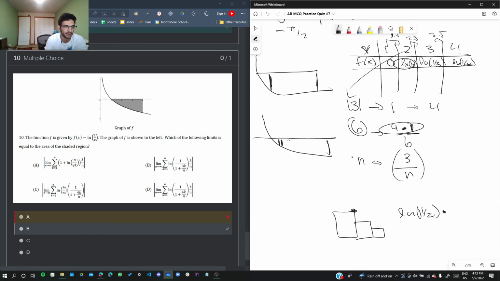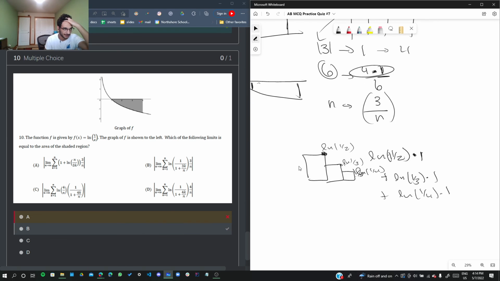So here your width is 1, and then you're just going to add natural log of 1/3 times 1, and then natural log of 1/4, etc. So then now you're just adding those together, right?